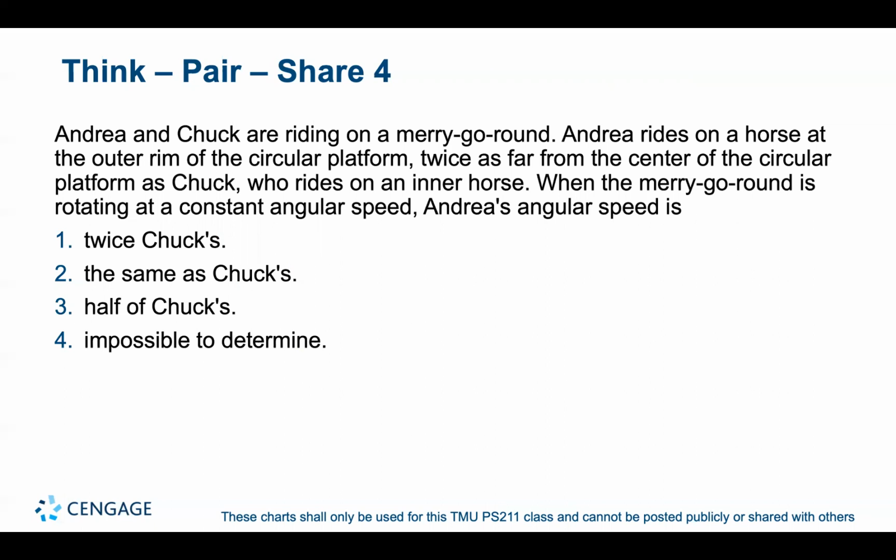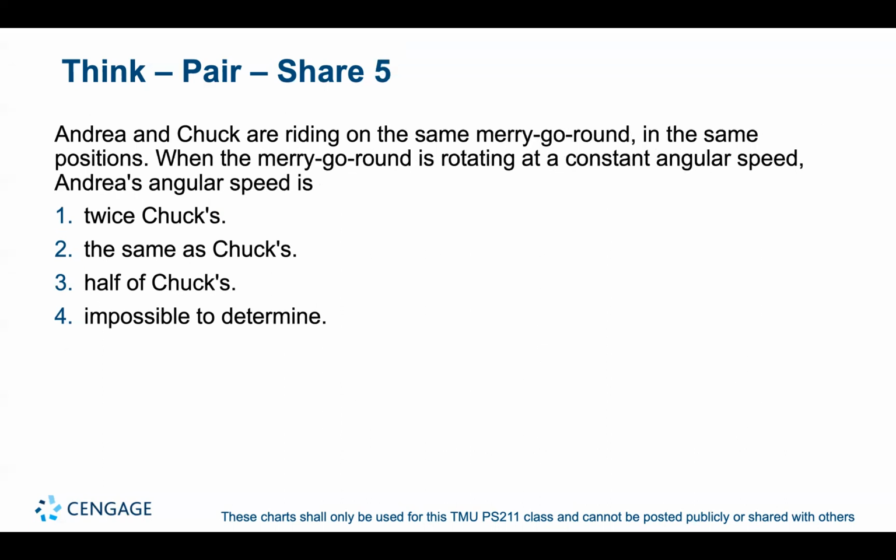So we're talking about angular speed, so keep that in mind. All points in a rotating rigid body have the same angular speed is the rationale for that. Okay, so Andrea and Chuck are riding on the same merry-go-round.